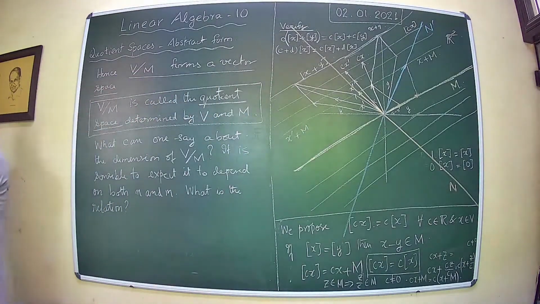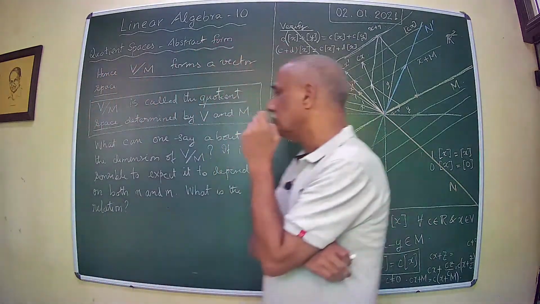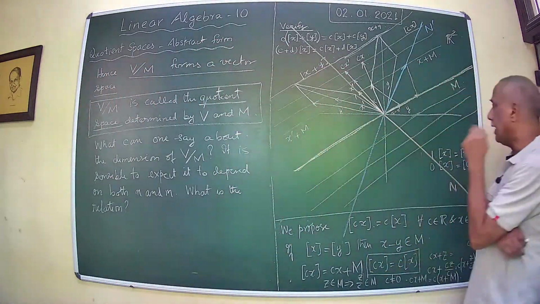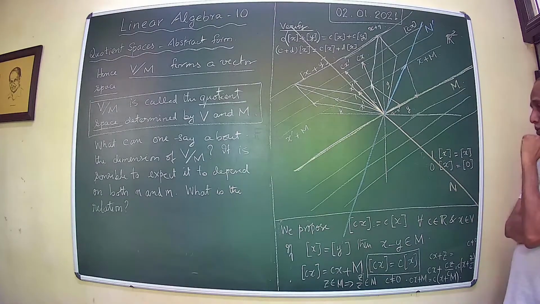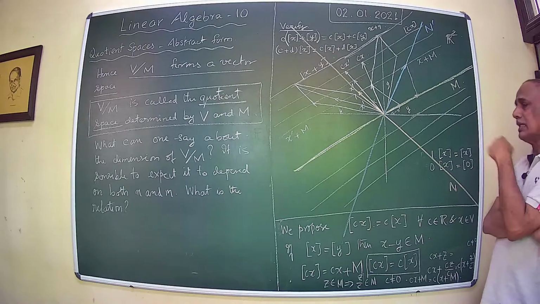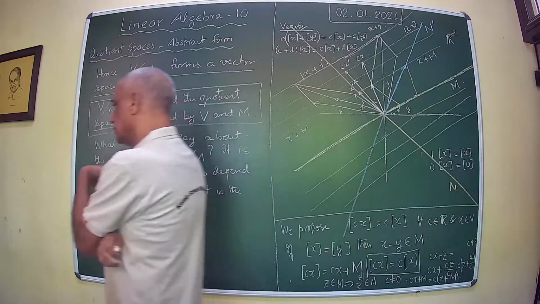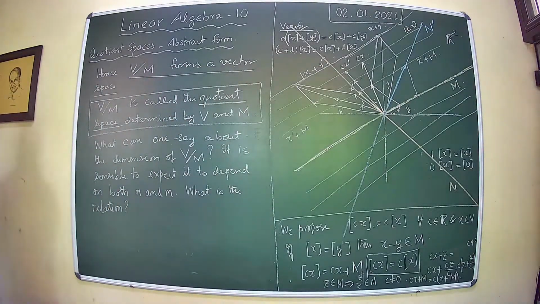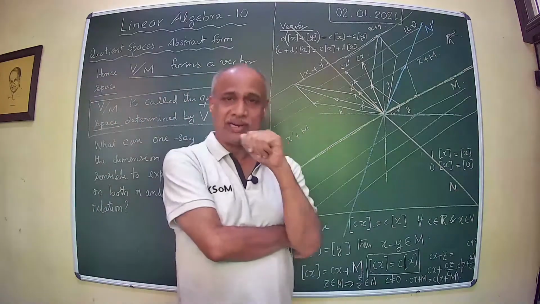And every point in that plane generates a line parallel to the given line M. And if those vectors are linearly independent in that complementary subspace, then these two lines are also not identical.